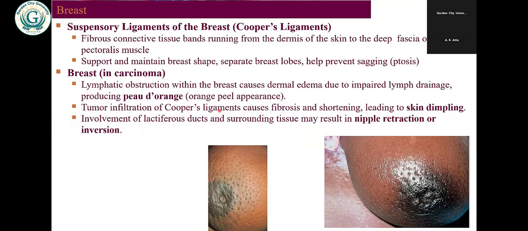So when the Cooper's ligament is involved, it leads to fibrosis and shortening. And that is responsible for the dimpling of the skin around the breast.